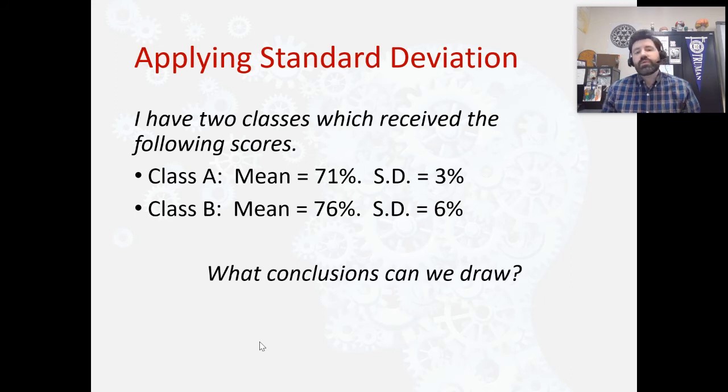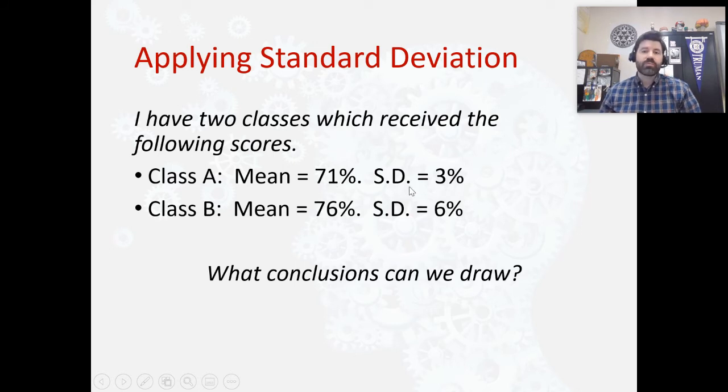There are some other conclusions that we can draw here. We know, for example, that 68% of Class A has an average between 68% and 74%. If you think about that, the standard deviation is 3%. So if we add 3%, that makes it 74.